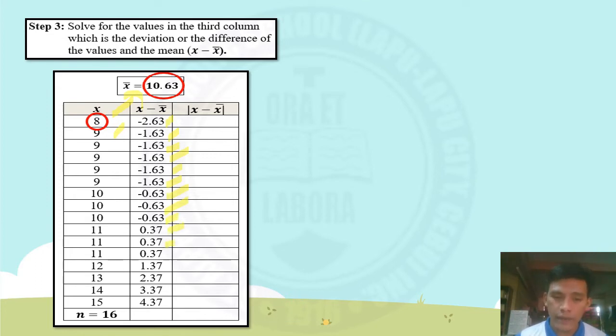So 11s are the same answers. For 12 minus 10.63, that will be 1.37. 13, 2.37. 14 minus the mean, 3.37. 15 minus the mean, 4.37.